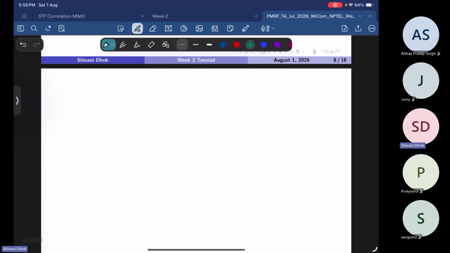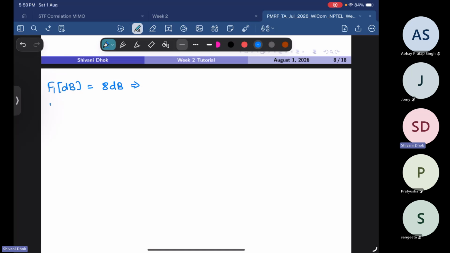So let's do that. We are given the noise figure of the first stage in dB as 8 dB. So how do you go back to your linear scale?